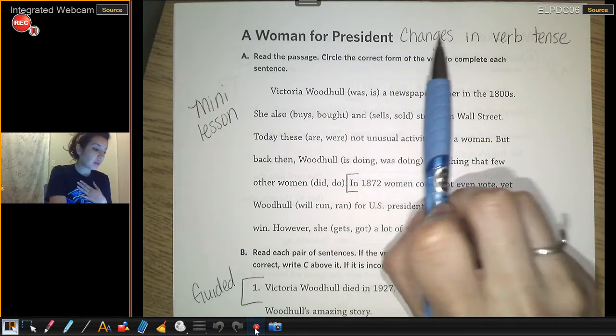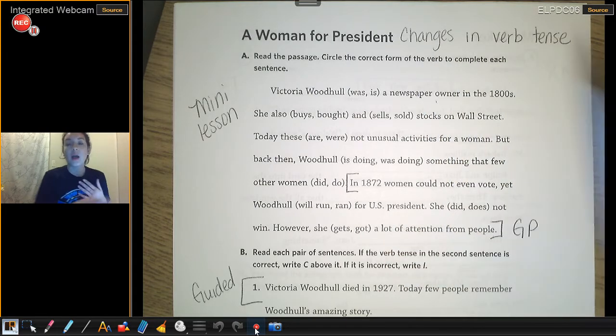Sometimes there are going to be changes in verb tense, but you have to make sure that you're doing this in the correct way for the correct reasons. So today we're going to focus a lot on context clues and looking at our time words to see how the verbs are changing and to see what we need to do in order to change them correctly. All right, so let's get started.